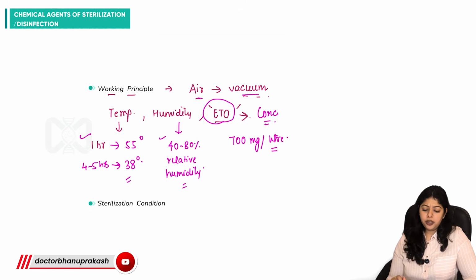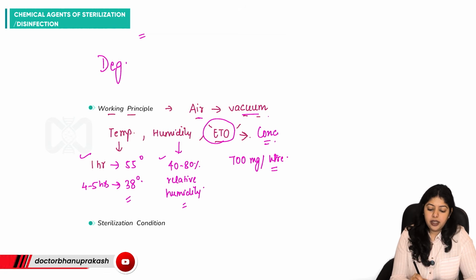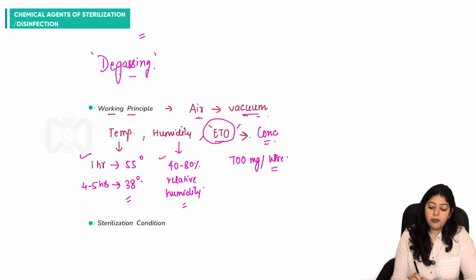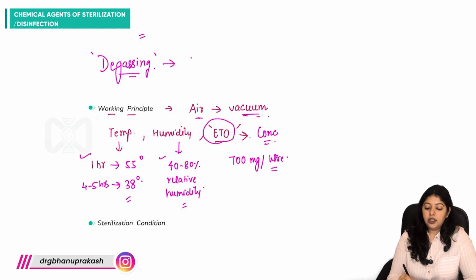Now, one important disadvantage of this particular gas is that it requires a last step, that is degassing. And what do we mean by degassing? We need to let the ETO gas out.